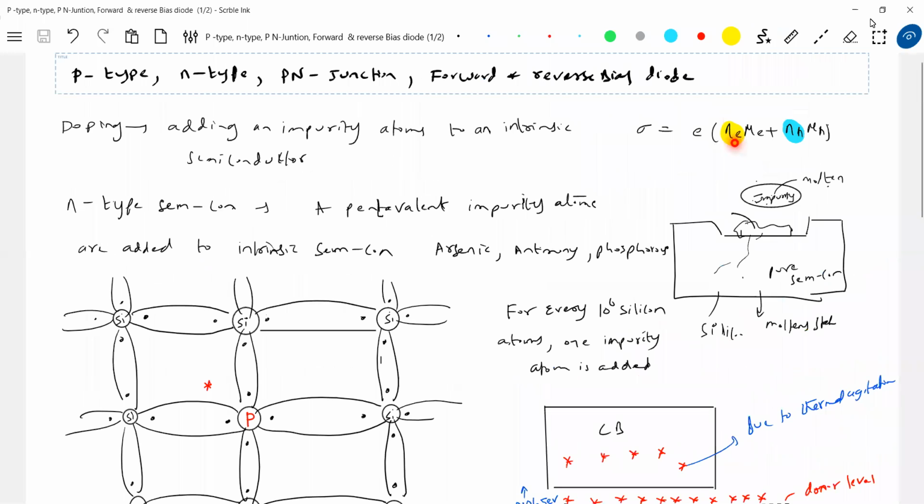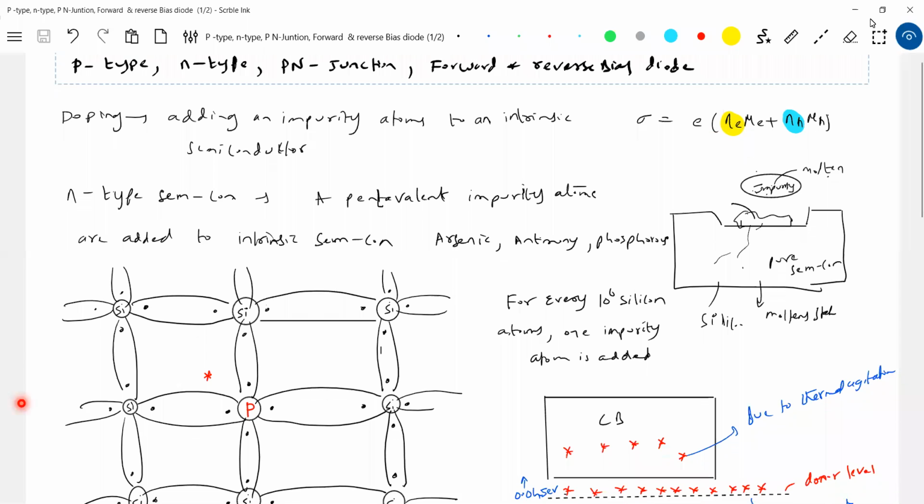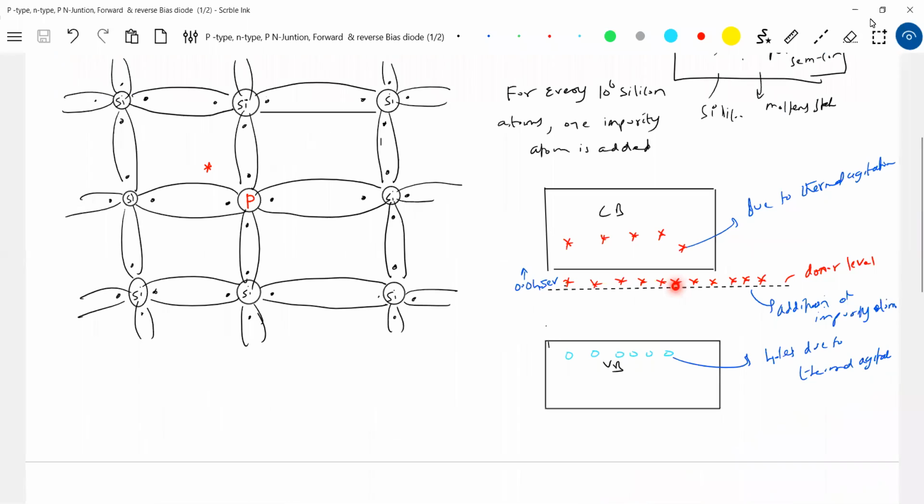Let me add 10 grams. For one atom, one electron, so you can see a large number of electrons are available. This number will far exceed those due to thermal agitation. This is called the donor level, or you can also call it the Fermi level. Just remember that, don't go into detail.